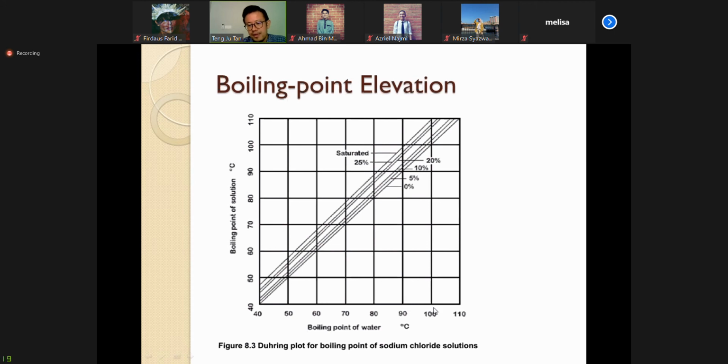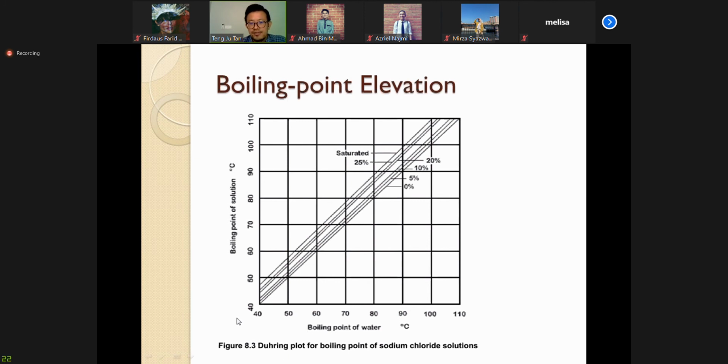Because at atmospheric pressure, the boiling point is 100 for pure water, 110 means here is higher than atmospheric pressure. So 110 for pure water is a higher pressure. When you have lower pressure, lower boiling point. Higher pressure, higher boiling point. So this is what it means for water.